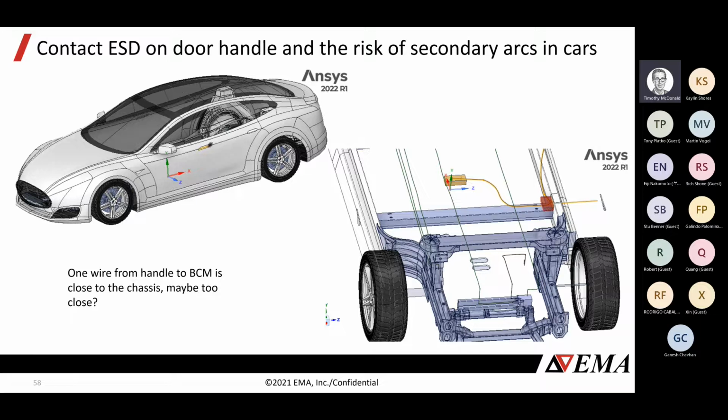There is a cable from the door handle to a device inside the vehicle, and there's a shield on the cable. So they were essentially equipotential from the door handle to this device. So the question is, did we make an arc somewhere else? Of course, we made an arc at the handle because we hit it with an ESD gun, but this is a troubleshooting nightmare for the EMC engineer because you're hitting the door handle and you're getting an arc somewhere else.